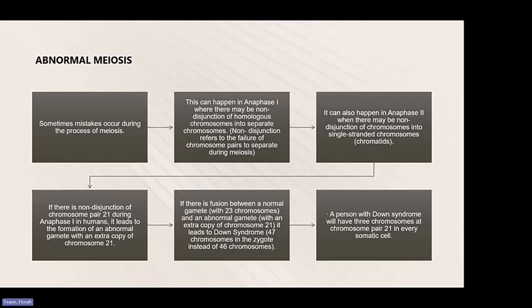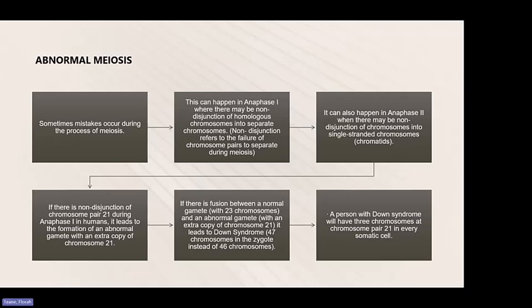Because this happens most of the time in the maternal chromosomes, if such a maternal sex cell with this abnormality is fused with a sperm cell that is normal, then we have the formation of what we call 47 chromosomes, and the human being that develops from such fusion has Down syndrome.